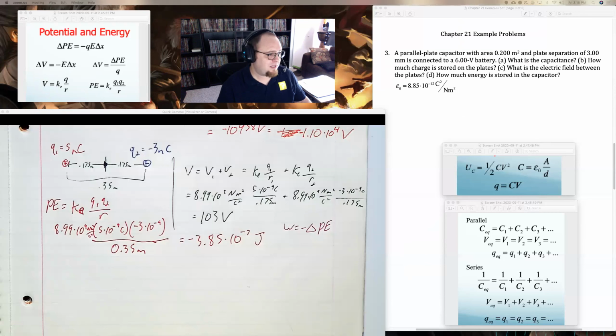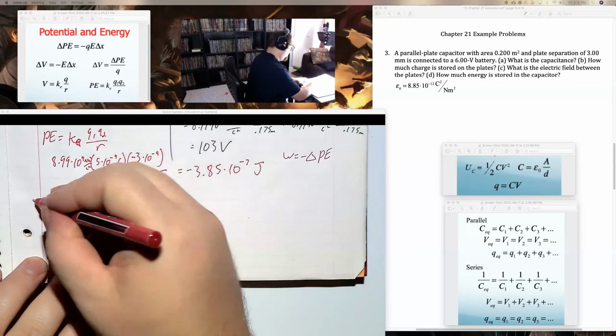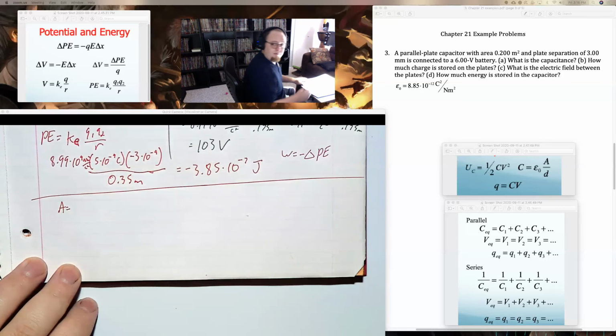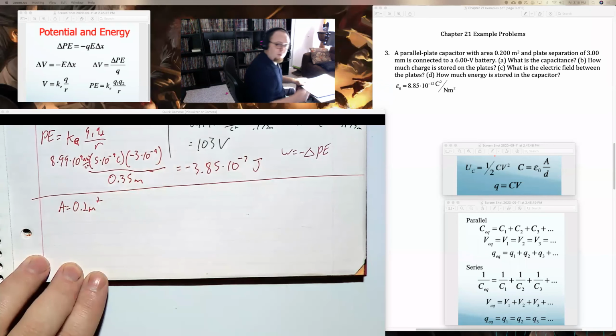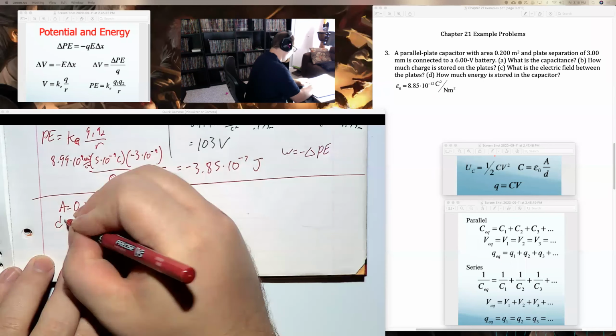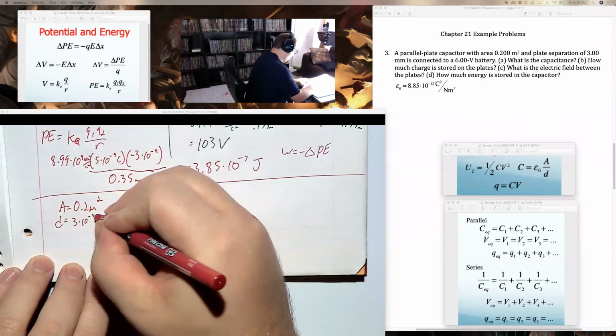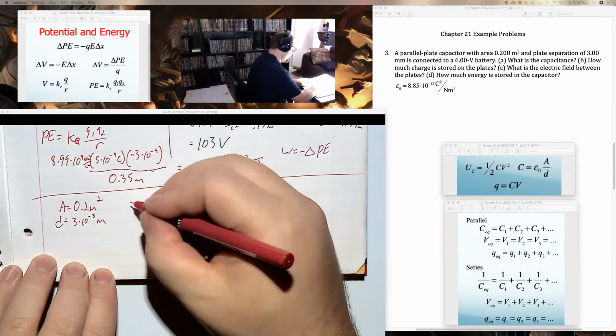So I'm going to jump into this next one that says: a parallel plate capacitor with an area of 0.2 meters squared and a plate separation of 3 millimeters, or 3 times 10 to the negative 3 meters, is connected to a 6-volt battery.